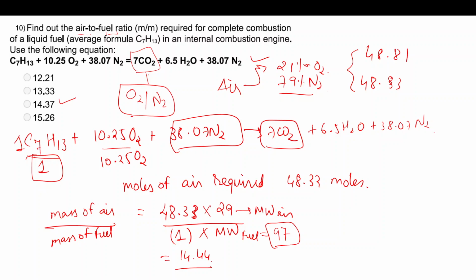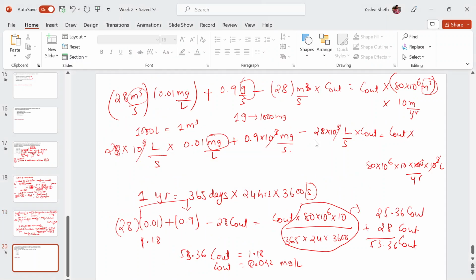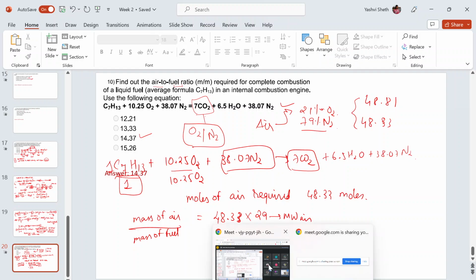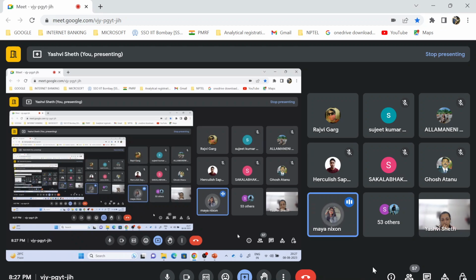Yeah, so do you have any doubt so far? We actually have a different question in our assignment. Yeah, what I am showing you is the model assignment. The questions need not be the same. But ma'am, we're not able to figure out the answer for that one.